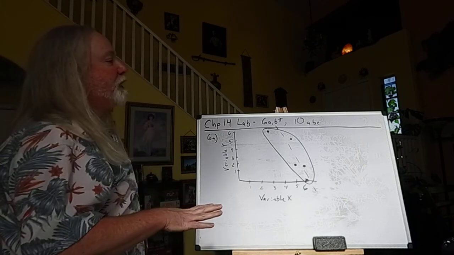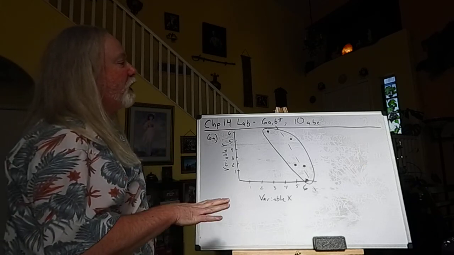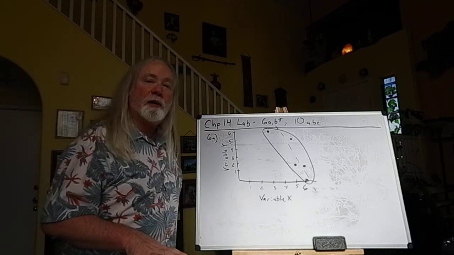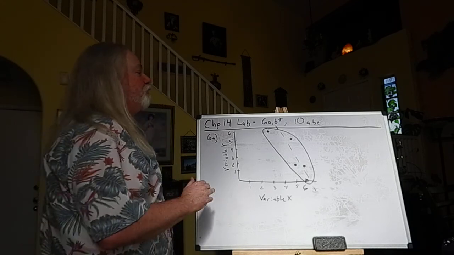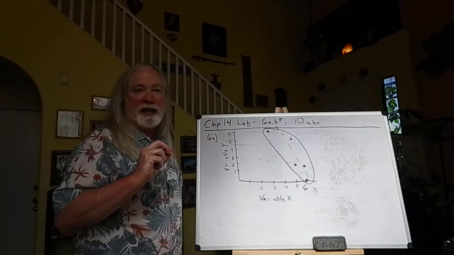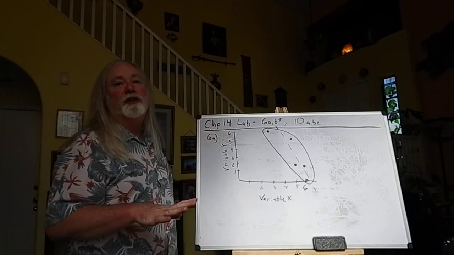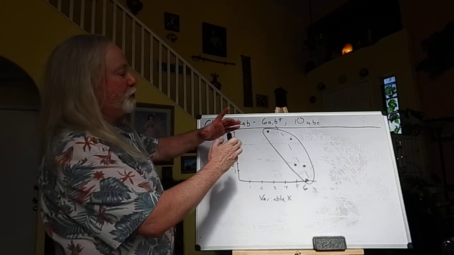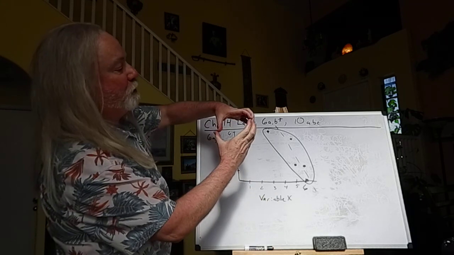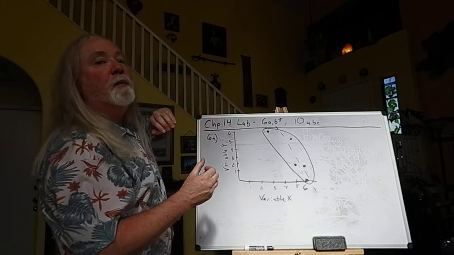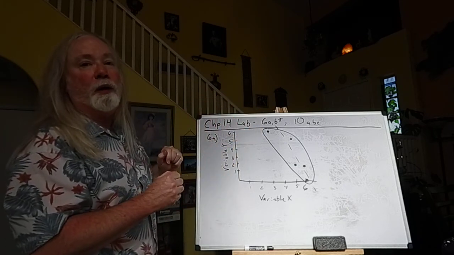Now, one of the things that is talked about in the book that I ordinarily would be talking about quite a bit if we were doing this live is using these to estimate the math value. So all we're really saying in this case is that the rounder the envelope is, the more the envelope looks like the number 0, the more the math answer should be close to a 0.